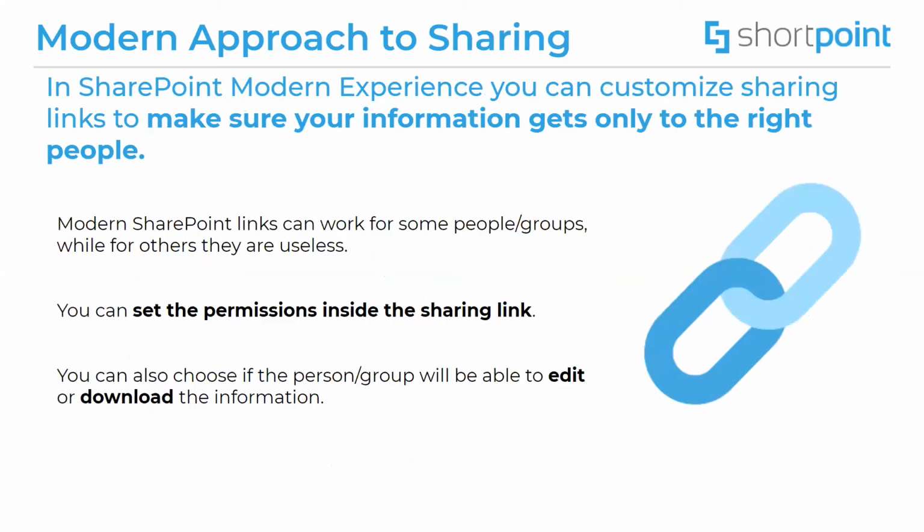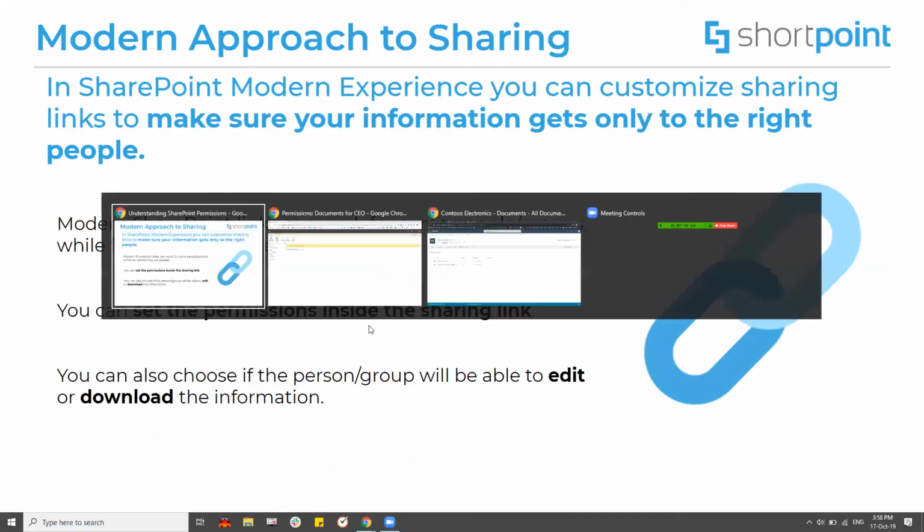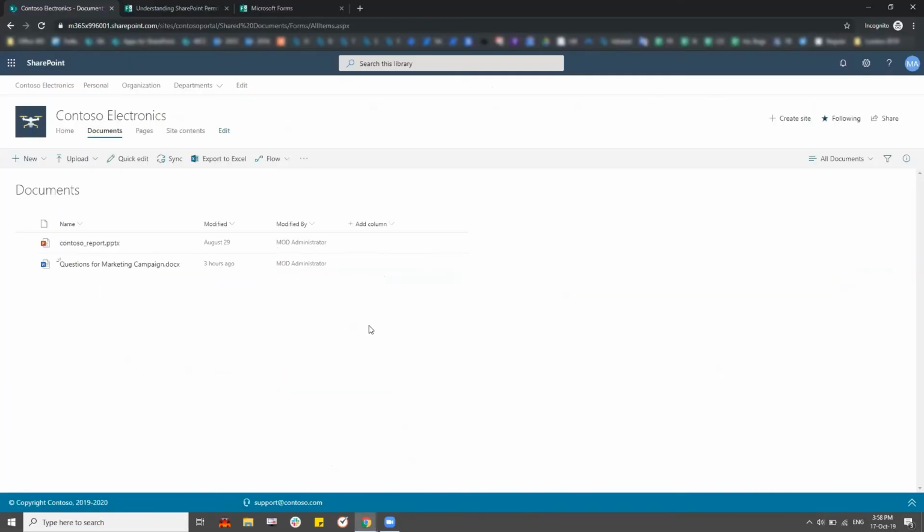And the last thing to talk about today is a modern approach to sharing items. So in SharePoint modern experience, you can customize sharing links to make sure your information gets only to the right people. Let's look at how it looks in the modern site. So I have this Contoso Electronics site here, and I have a document library.